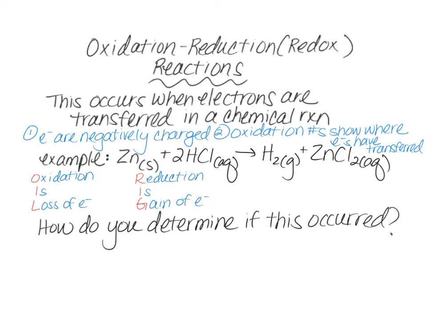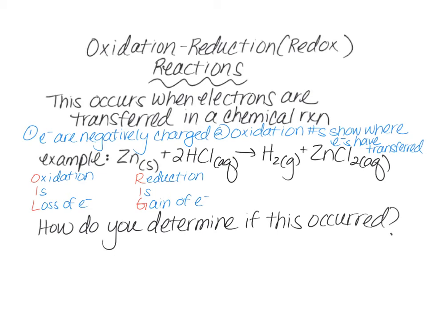All right, so what I'm going to do is look at this example equation, which is balanced. Zinc reacts with hydrochloric acid to produce hydrogen gas and zinc chloride. I'm going to assign an oxidation number, which you can think of as a conventional charge. We use it to assign where electrons are on top of each atom in the balanced equation.